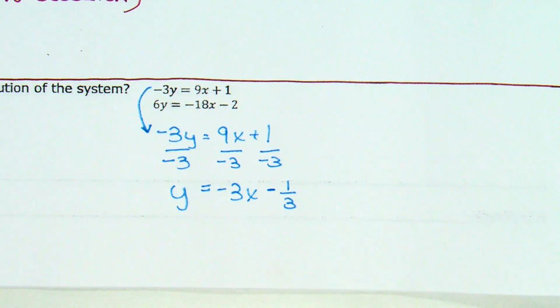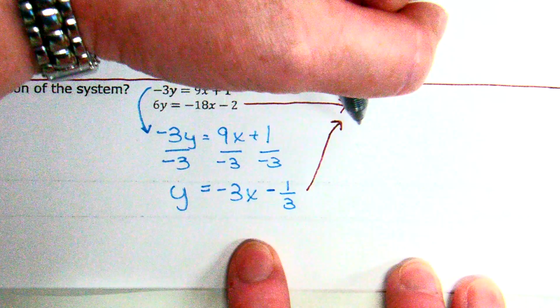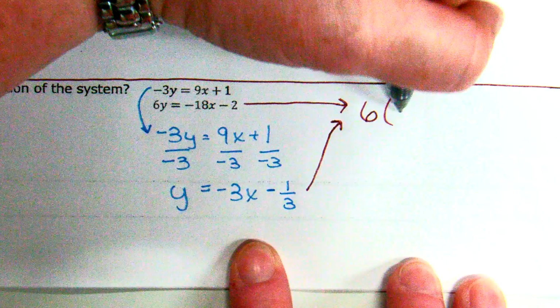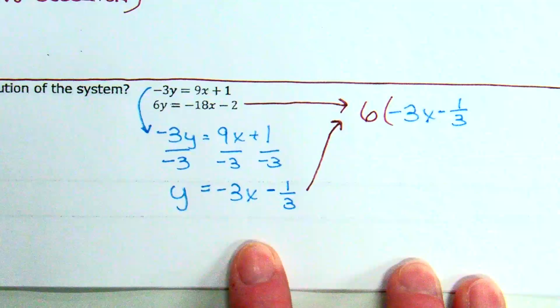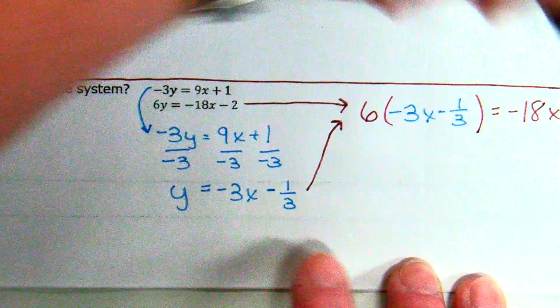Okay, guys. Did you plug it in? In the other equation, every place we see y. So if it's 6y, it's 6 times negative 3x minus 1/3 equals negative 18x minus 2.